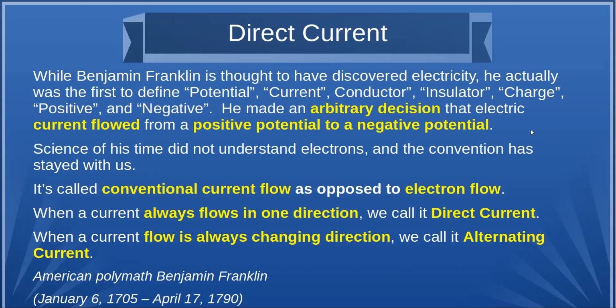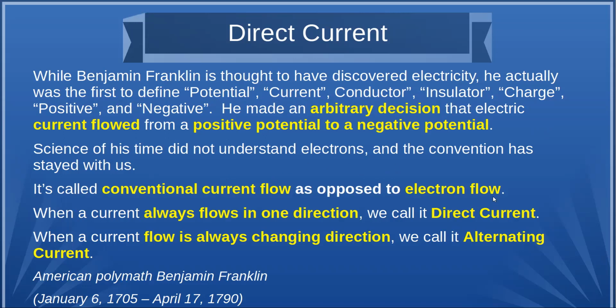So he decided that current flowed from positive potential to a negative potential. Well, that stuck because it was there for years, and it's too hard to change after they discovered that electrons go in the opposite direction, charge goes in the opposite direction. So we call that conventional current flow, and we still use that most of the time.